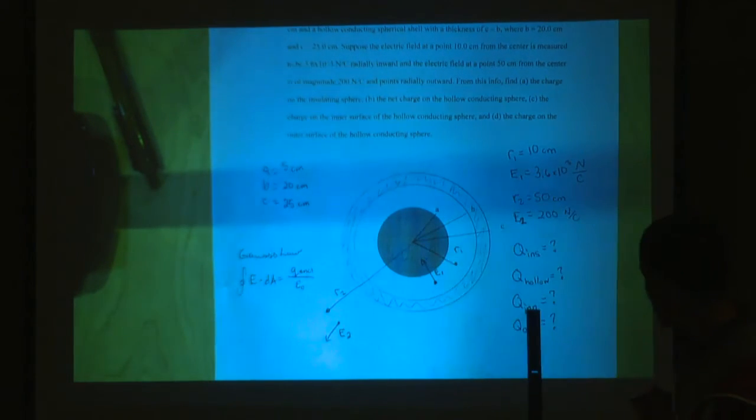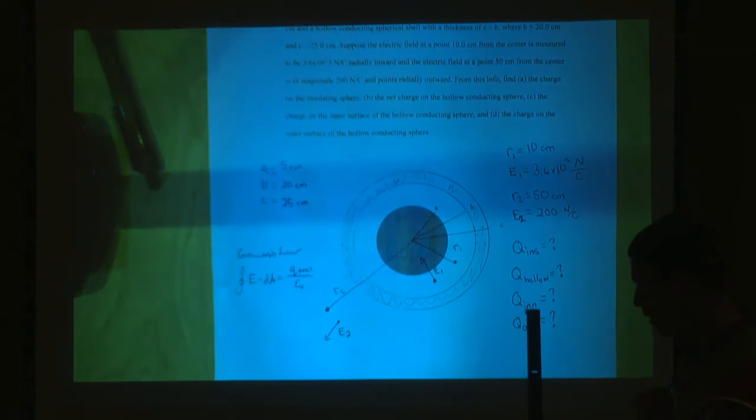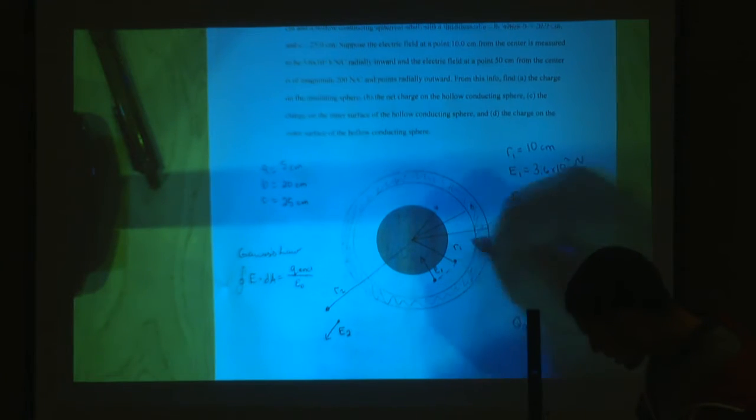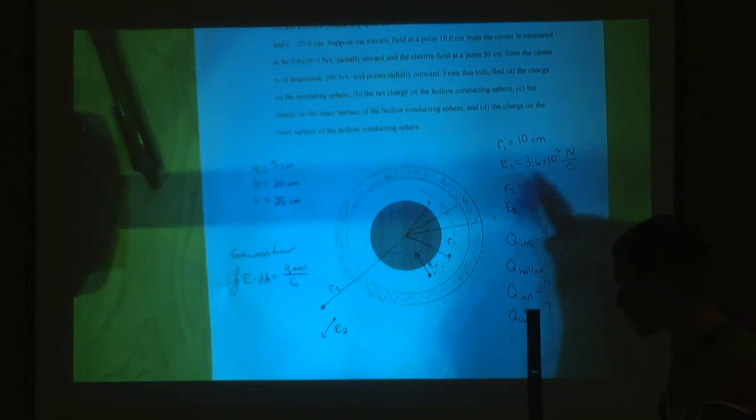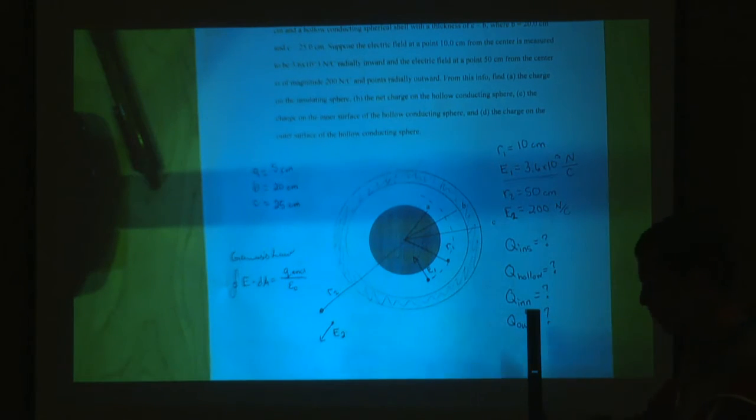Part A says to look for the charge on the insulating sphere, so I want to make one larger than that. I want to make it some R inside, but let's make it specifically the R1 they gave us, because we know we have a constant electric field of this magnitude.